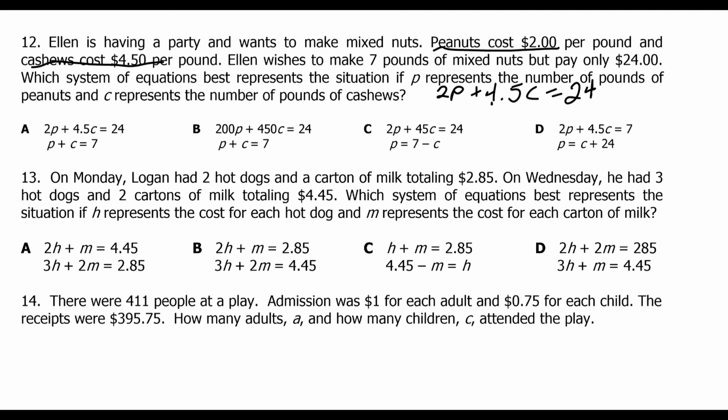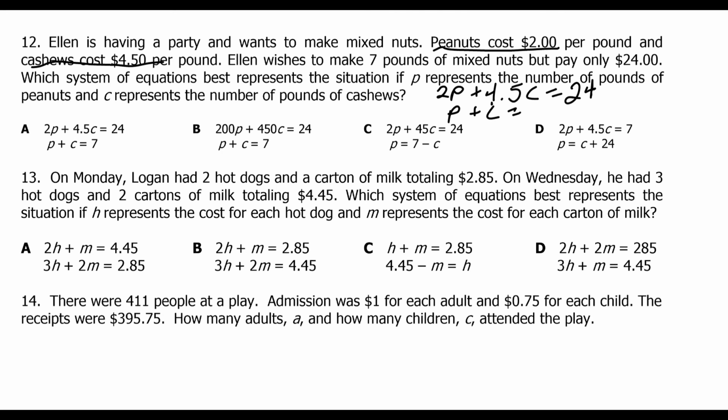Okay, so next part is going to be P plus C equals, and then she wants 7 pounds worth, so P plus C must equal 7. So 2P plus 4.5C equals 24, and P plus C equals 7.